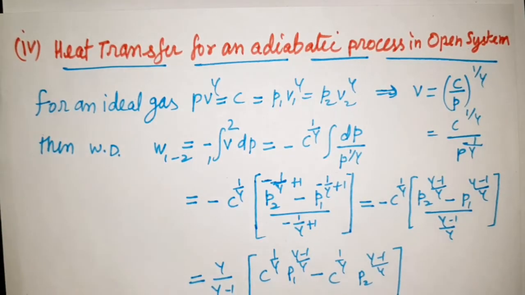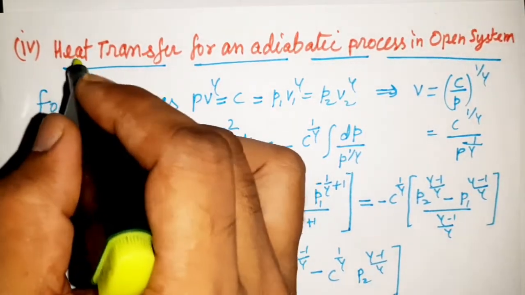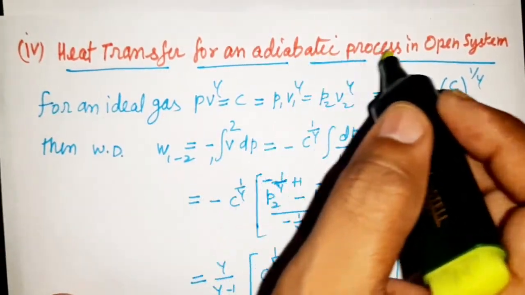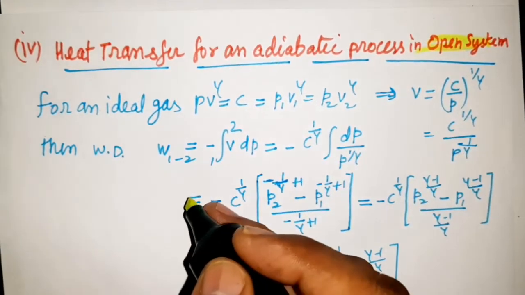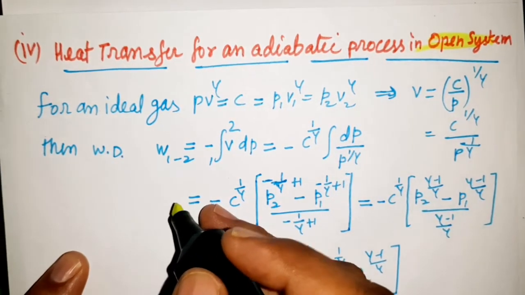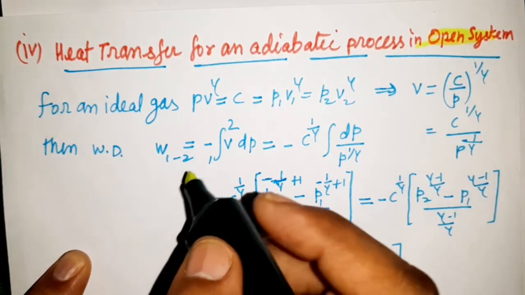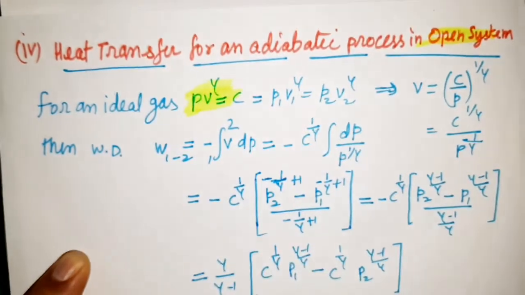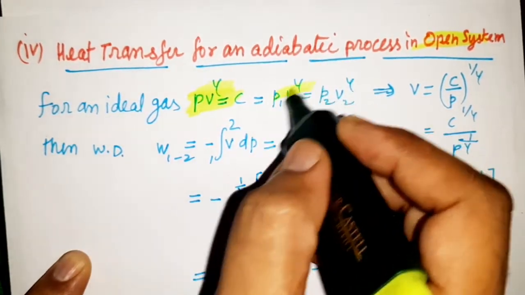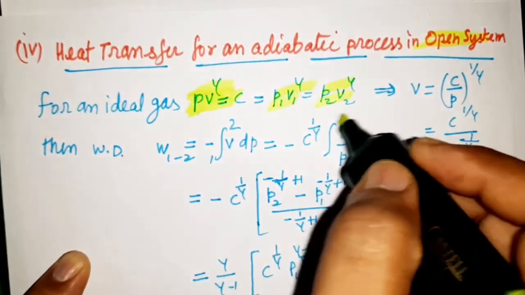So now this is case fourth, heat transfer for an adiabatic process in an open system. In case of an adiabatic process for ideal gases, we can say PV to the power gamma is equal to constant, or P1 V1 gamma is equal to P2 V2 gamma is equal to constant.